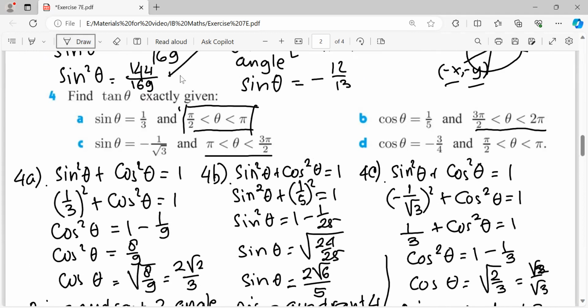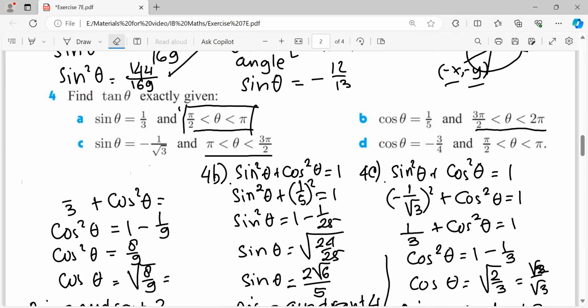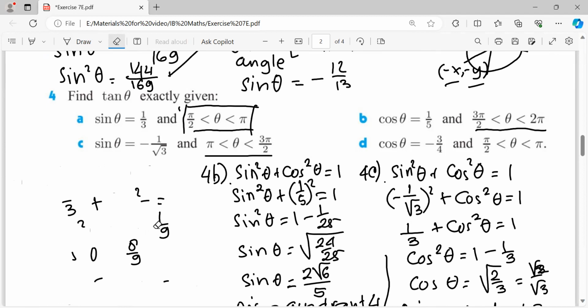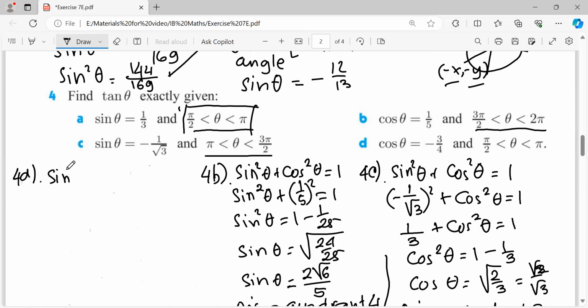4D. Okay. 4D: sine squared theta plus cosine squared theta equals 1.